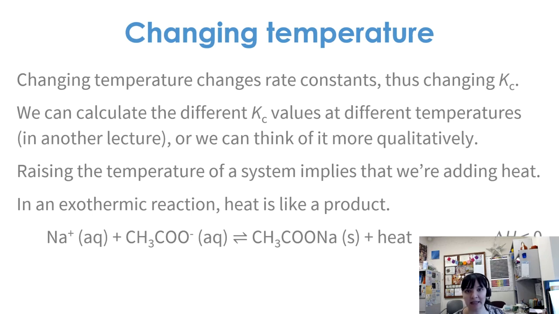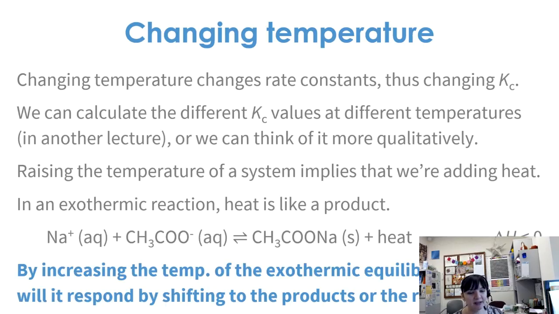So this has a negative enthalpy of reaction. This is an exothermic process. So I want you to ponder here: if I were to take this equilibrium and say it's at equilibrium, but then I mess with it and raise the temperature of the system, how is it going to respond? Will it start shifting towards the products or towards the reactants?